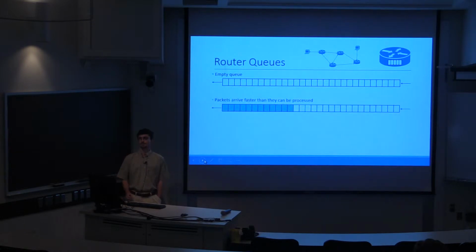But what happens if data or packets begin to arrive at a faster rate than the router can process them? In this case, a queue begins to build up, represented by the blue. And even if the rate at which packets are arriving at the router decreases to match the router's ability to send them back out, you'll have what's now a standing queue.